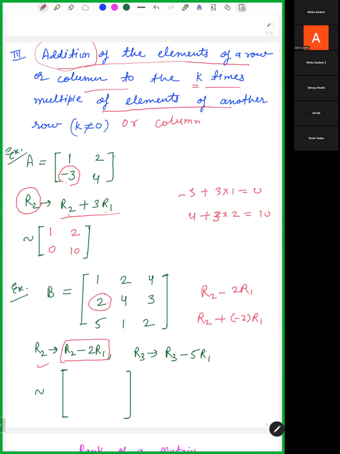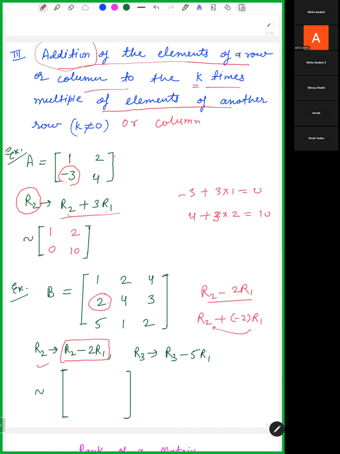So whenever you see this, R2 minus 2R1 is R2 plus minus 2 times R1. So what are you doing actually? You are adding minus 2 times R1 in R2.